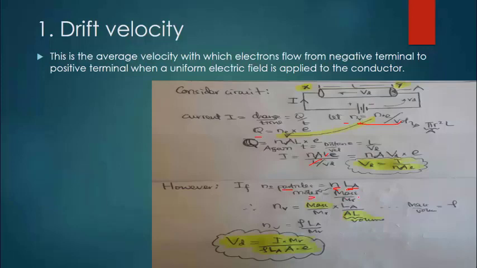Again, the number of moles is equal to mass over molar mass. So the number of particles, which are the number of electrons per unit volume now, is equal to the number of particles divided by the volume. But the number of particles we are given by mass over molar mass times Avogadro's number.